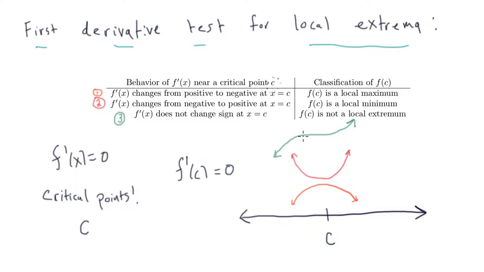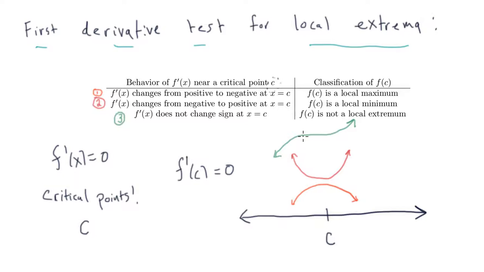And so you may ask, well, why are we only testing at critical points? Well, it really doesn't make sense to test at points where the derivative is either positive or negative. Because if the derivative is positive, we just saw that the function is increasing there. So if a function is increasing, then it's not going to be a local max or local min.